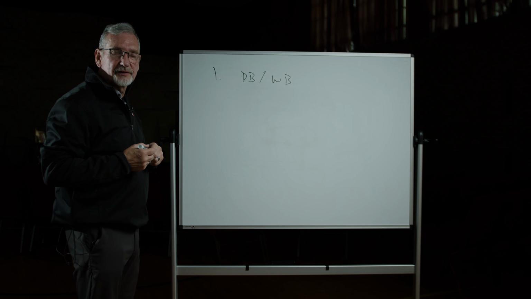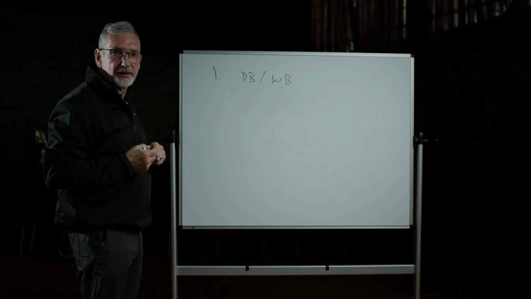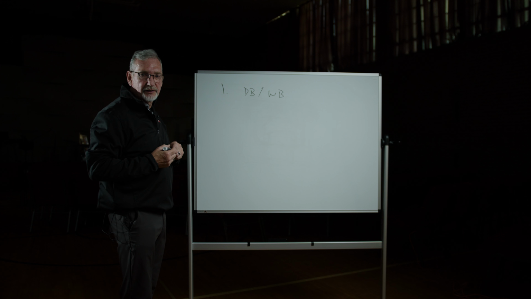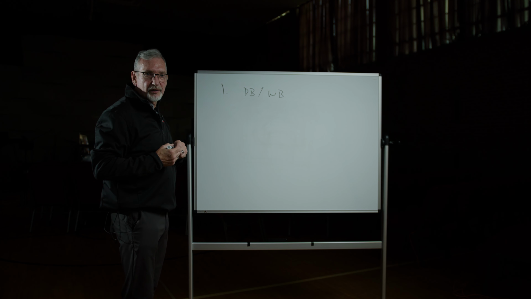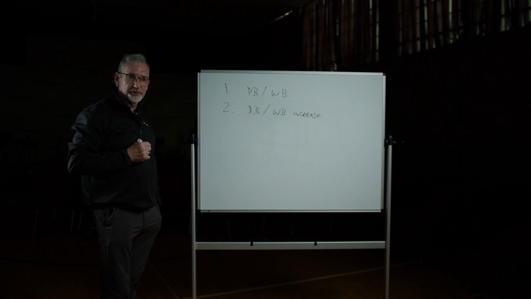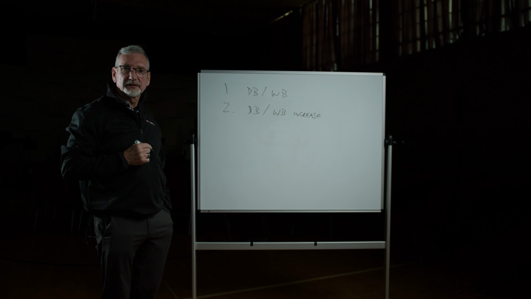Typically the heat, the venting and the spray are set automatically. Step two. Typically you increase the dry bulb temperature and the wet bulb depression until you meet the maximum. Step three, once you reach the maximum dry bulb temperature and wet bulb depression, you hold that until the lumber is dry.